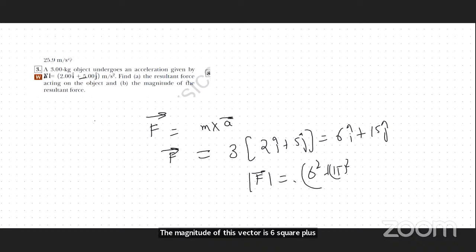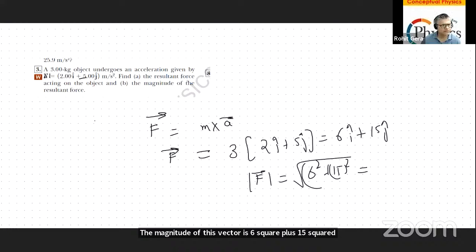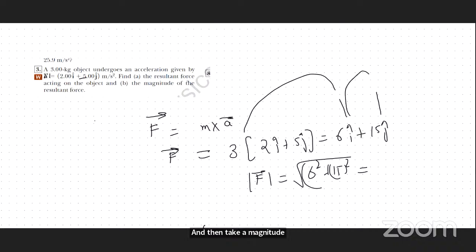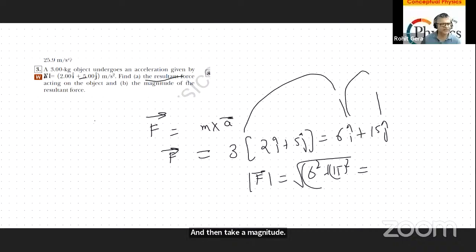सर वैसे एक मैग्नीट्यूड निकालने के लिए एक्सेलरेशन का मैग्नीट्यूड ले लेते हैं. What for? Why do you want to waste time? One and the same thing. Why not first find the force vector, and then take the magnitude? Unless you know how to do this, if you don't know how to find the resultant force as a vector, then you're focusing on only part 2, right?